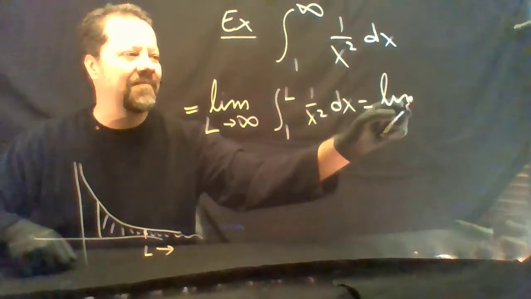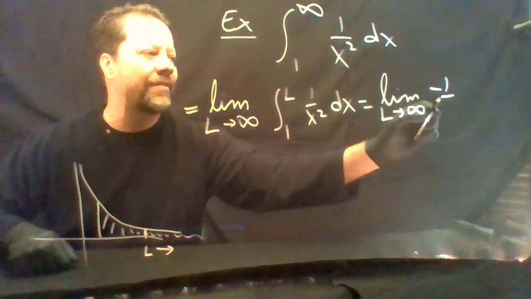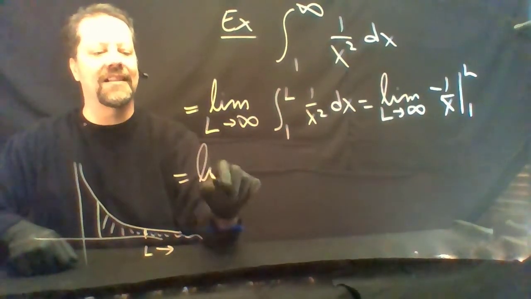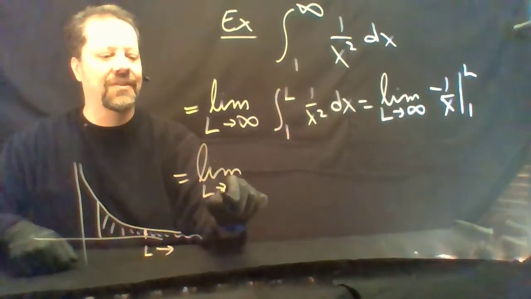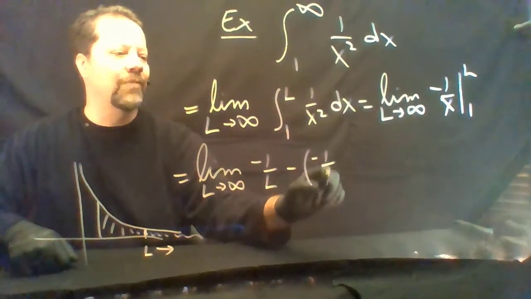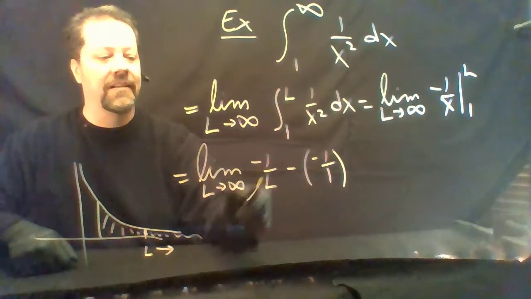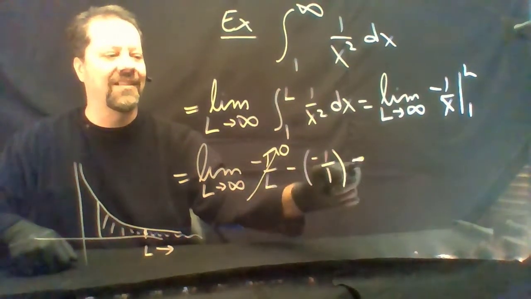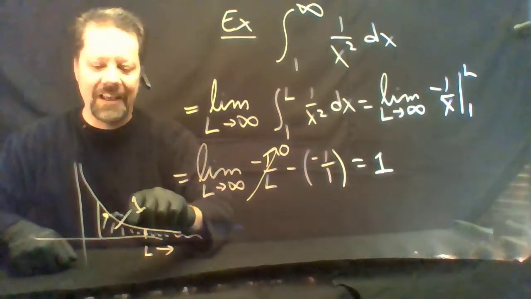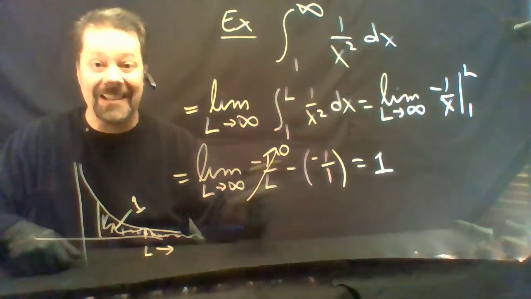That's the limit as L goes to infinity of negative 1 over x evaluated from 1 to L. We'll write that as the limit as L goes to infinity of negative 1 over L minus negative 1 over 1. As L goes to infinity, this first term goes to 0. The whole limit is 1. This area is finite. Even though it goes off forever to infinity, it traps only an area of exactly 1.